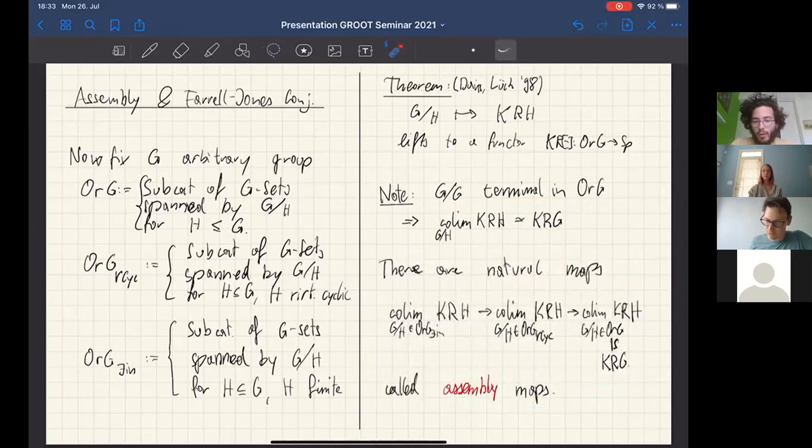Or rather, you could compute the colimit over smaller subfamilies. You can take the colimit over the finite subgroups or the colimit over the virtually cyclic subgroups. And because those are subgroups that are included in one another, there are natural maps that compare everything. Those are called assembly maps, with the total case being the entire group ring.